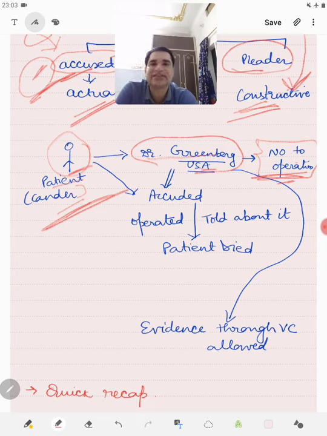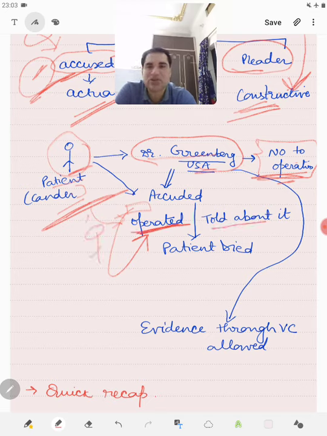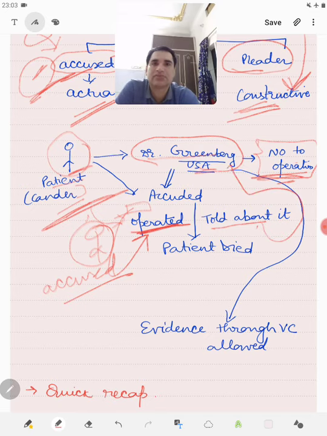So they consulted another doctor, and that doctor said that she can be operated upon. Now this person, the accused, was informed about the view of Dr. Greenberg, that Dr. Greenberg has said that operation cannot be performed and it will be fatal for the patient.